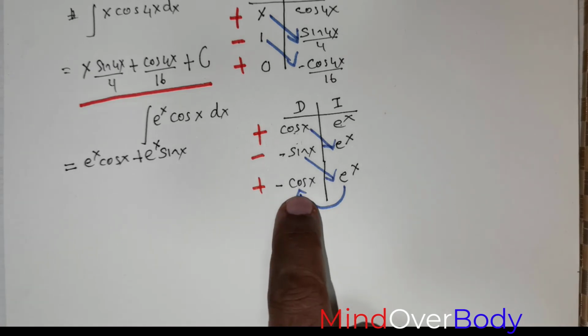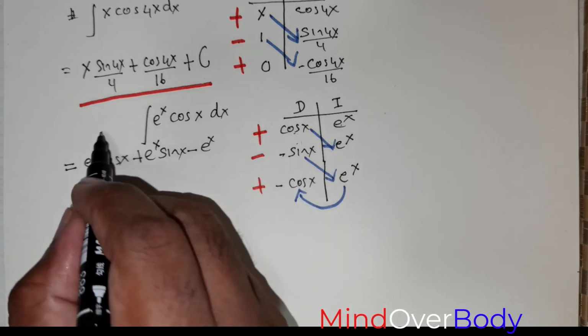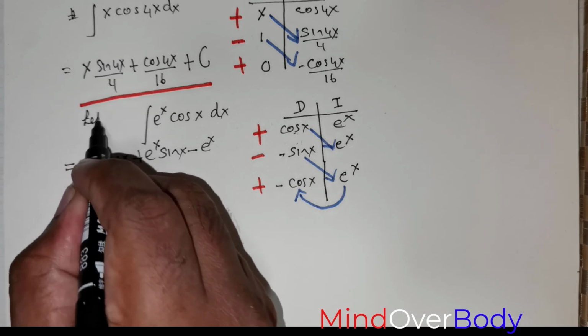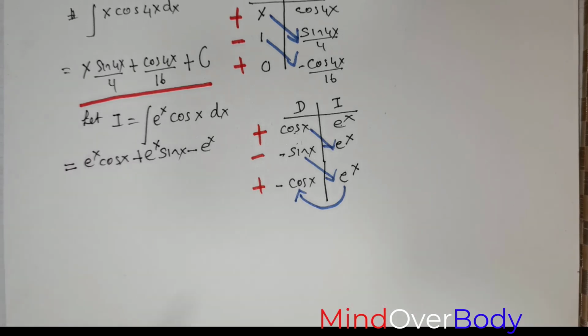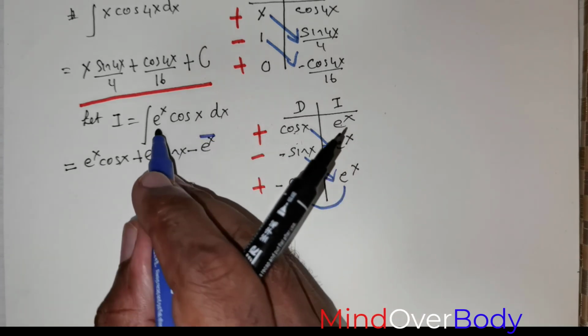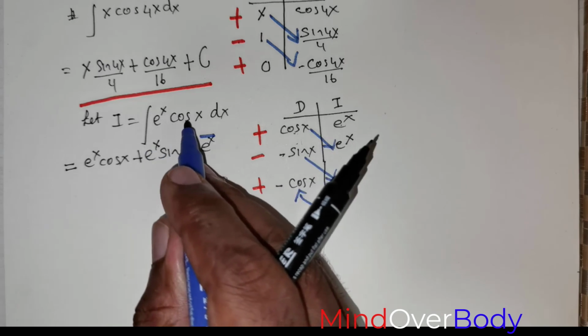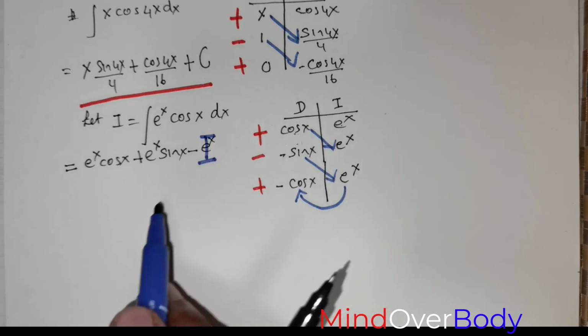And the third term, you got a positive times negative. There is one particular thing I need to do here. I will just start off with taking let I be equal to this term. So I will simply write it as I, because it is eventually this quantity, right? e raised to the power of x times cos x with a negative sign. So let me just place the value I there.